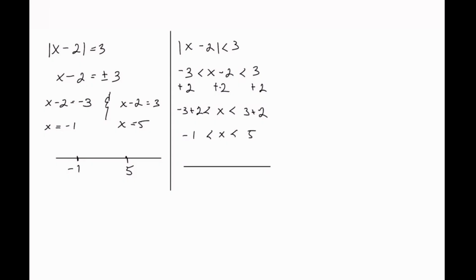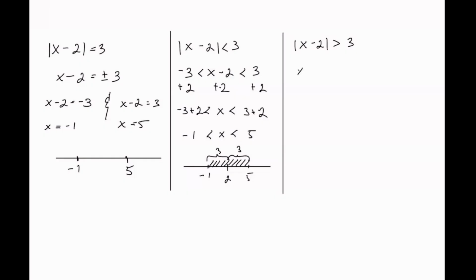And on the number line, we'll have negative 1 and 5 here. So this is going to be the interval of interest. And as you can see, 2 is exactly 3 units away to the left and to the right. And now the last example would be the absolute value of x minus 2 is greater than 3.